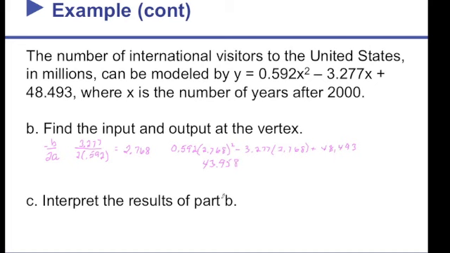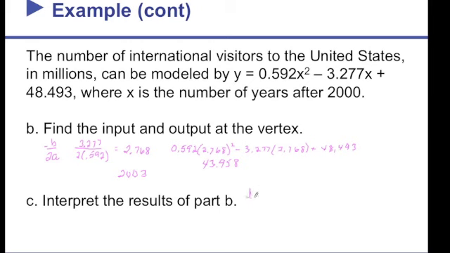So interpret those results. That means this x is years after 2000, so this would be 2003. Putting 2 at the end of the year was 3.